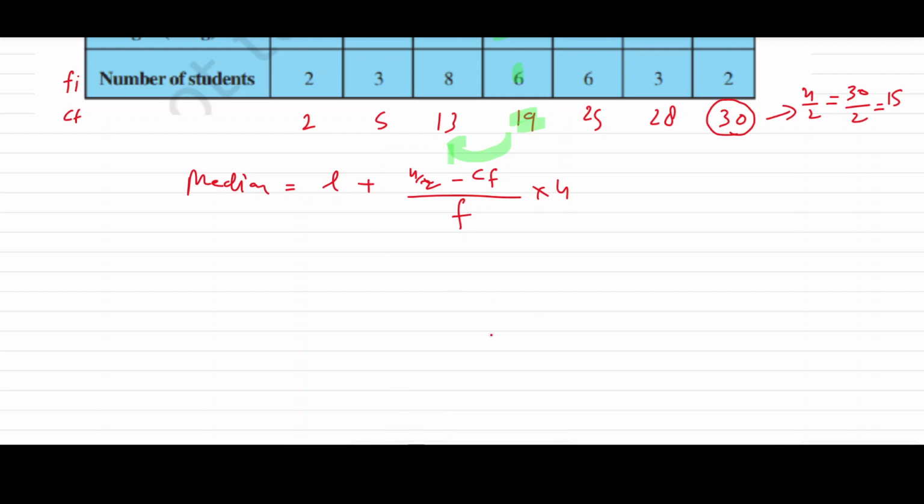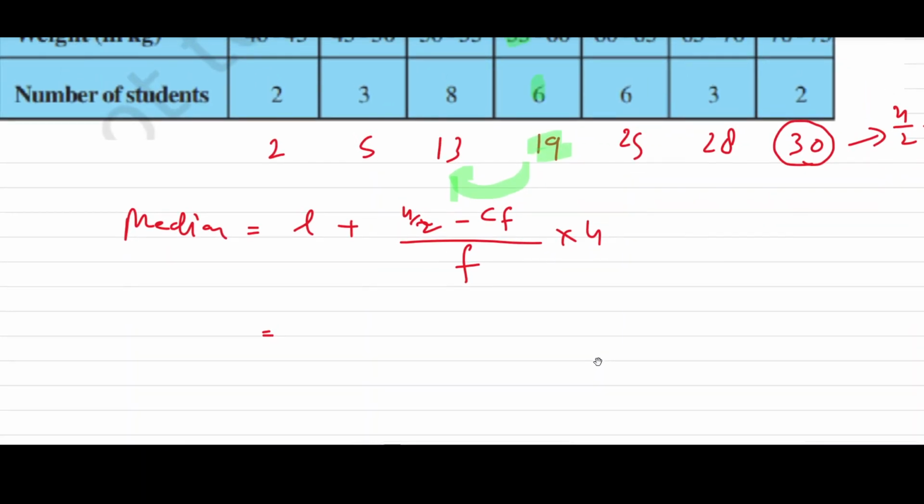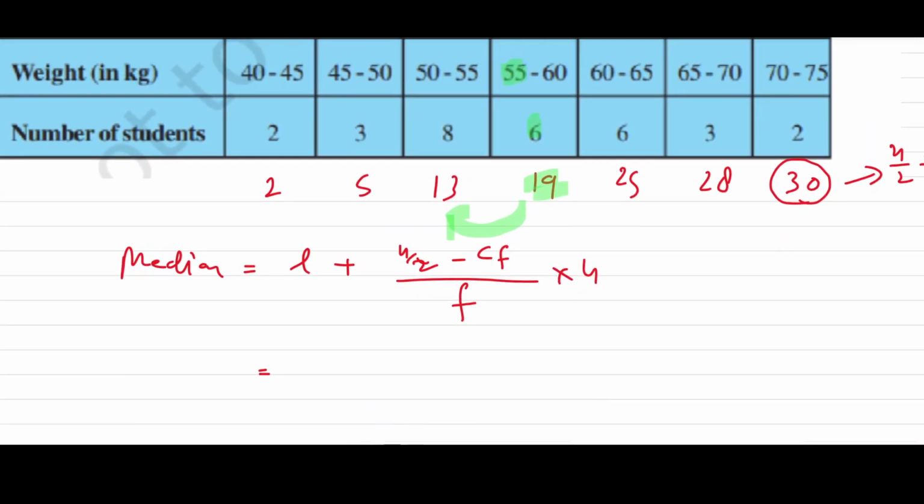Now here put the values. L is given, which is 55. Now n by 2 is 15, CF is 13, H is 5, and F is 6.